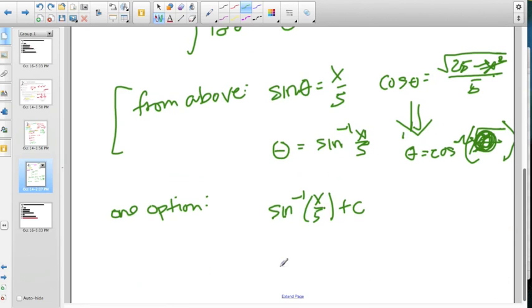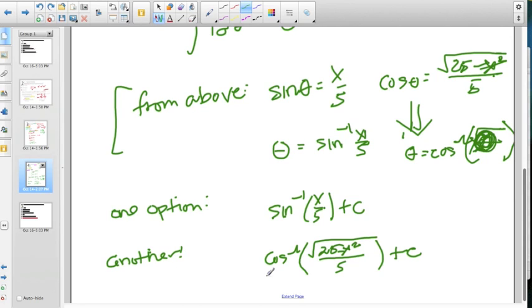The other option would be inverse cosine of the square root of 25 minus x squared over 5 plus c. And so we could really make an expression for each of the 6 trigonometric functions that is mathematically equivalent. I can almost promise you this is the one that would be the answer in the back of the book, if you were ever to work out of a traditional textbook and be checking your answers in the back of the book. But all of these are mathematically equivalent, and we can prove that if we would graph them all.